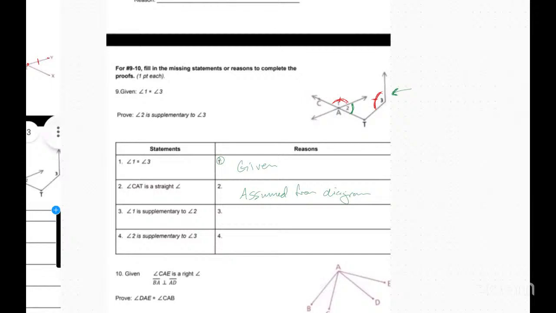What's the addition property say? I don't think it is the addition property. I think maybe you would just say straight angles are supplementary or something like that. Straight angles.